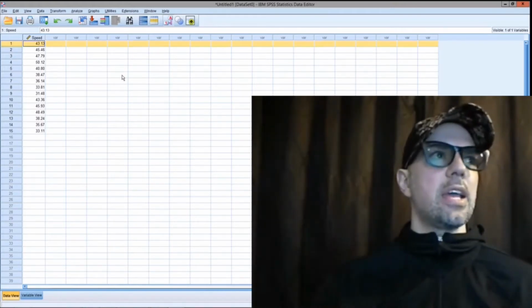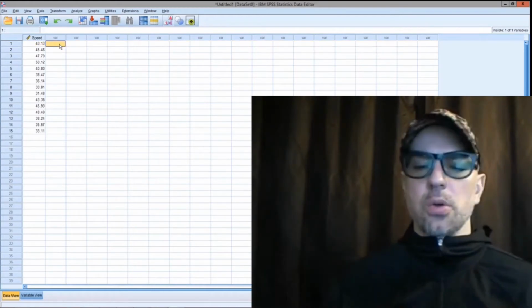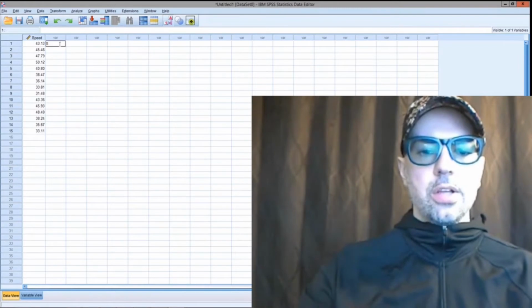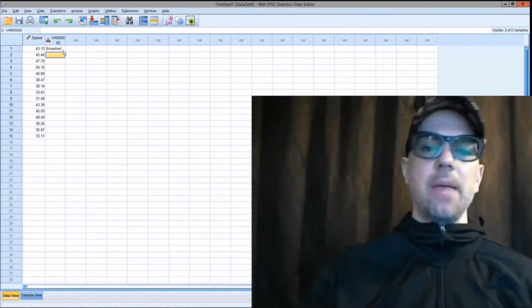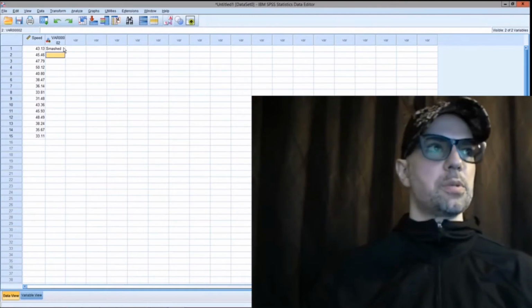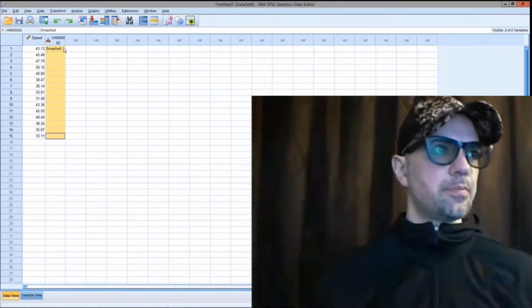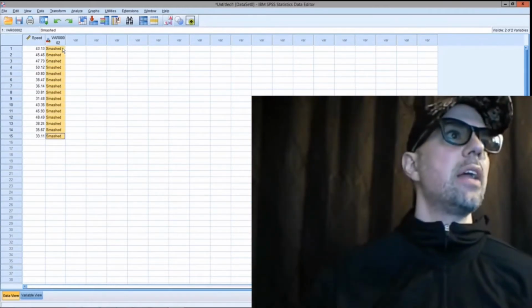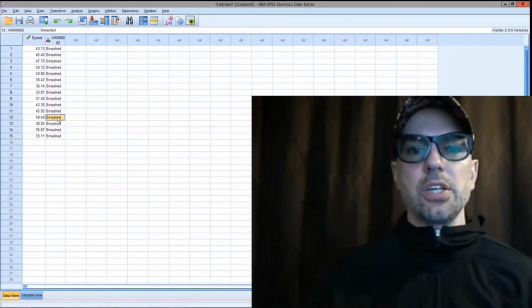In that case, if we want to tell SPSS what group these scores come from, we're going to go to column 2 and write in smashed. We're going to name this group smashed, and copy and paste that all the way down, to let SPSS know that these are the scores from the subjects in the smashed into group.